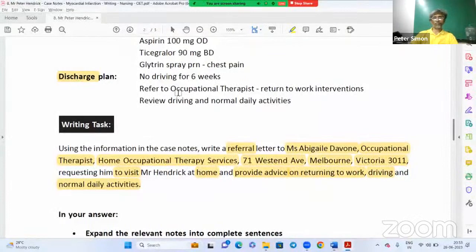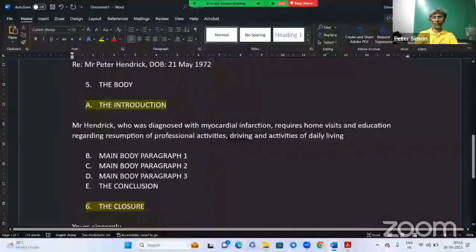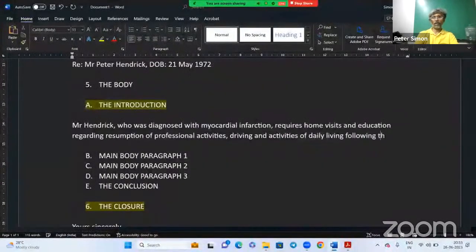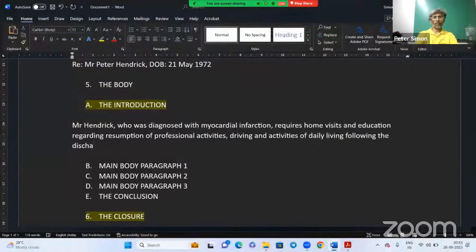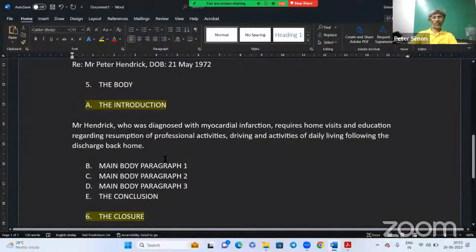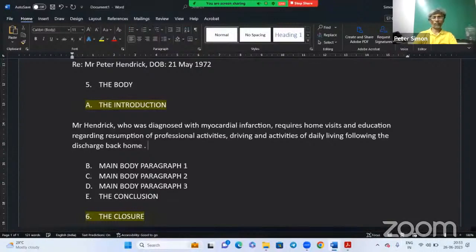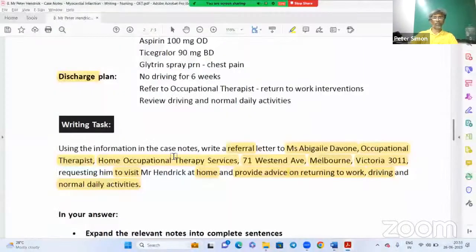Then discharged. So discharging. So following the discharge back home today.